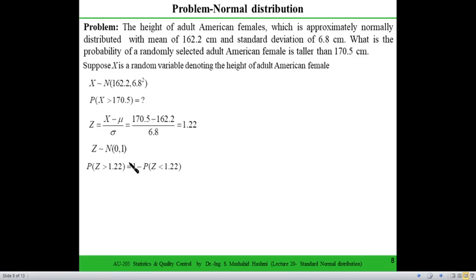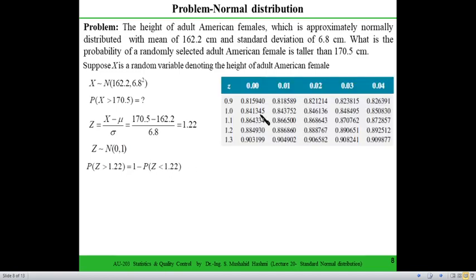Greater than 1.22 means 1 minus the probability of z less than 1.22, because our table always gives the cumulative value of z, less than some threshold value represented by small z. So here small z is 1.2 and the second digit is 1.22.